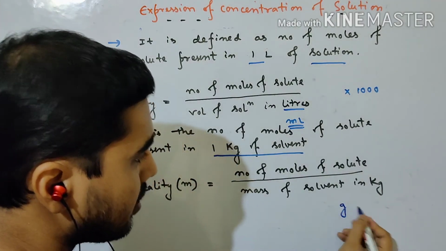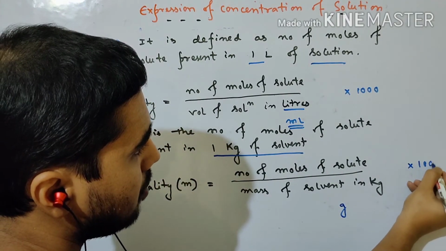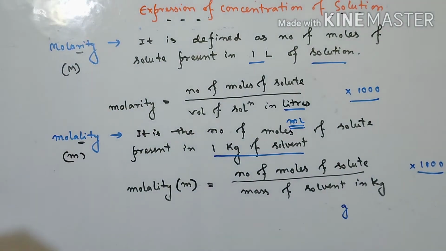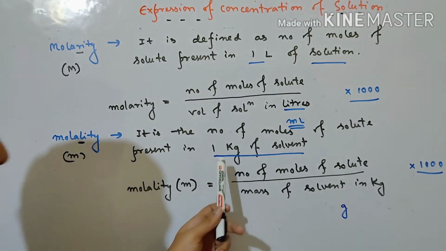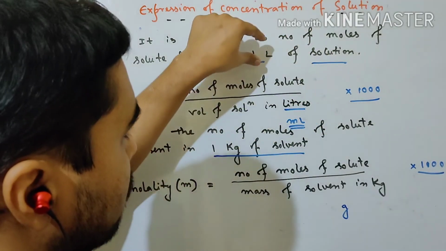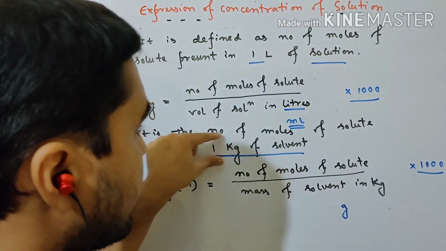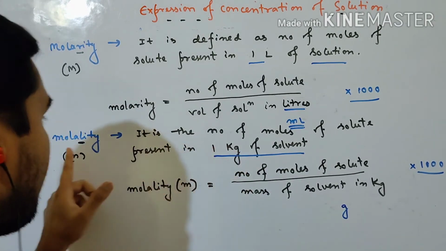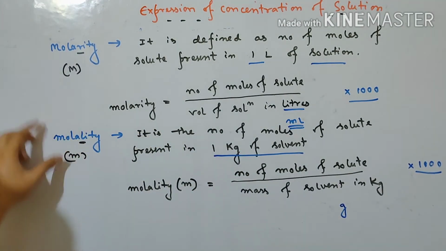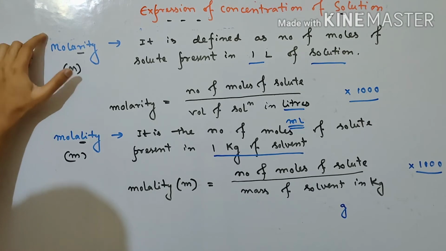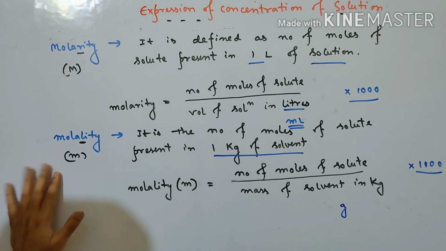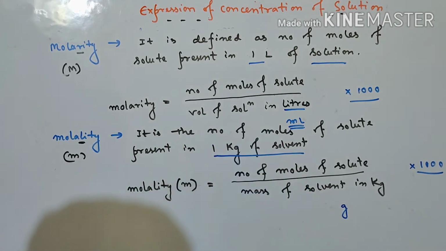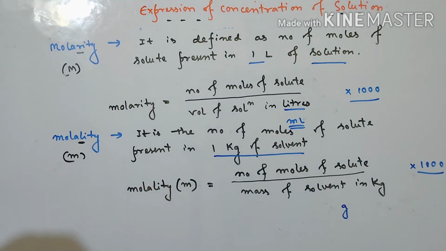If it is given in gram, then only it will be multiplied by 1000. Carefully see. So both terms are very similar. The only difference between the two is here it is 1 liter of solution, here it is 1 kg of solvent. So depending on the situation, we have to be very careful whether it is given molarity or molality, because molarity means capital M and molality means small m. Otherwise, it is very easy to make a mistake over here.